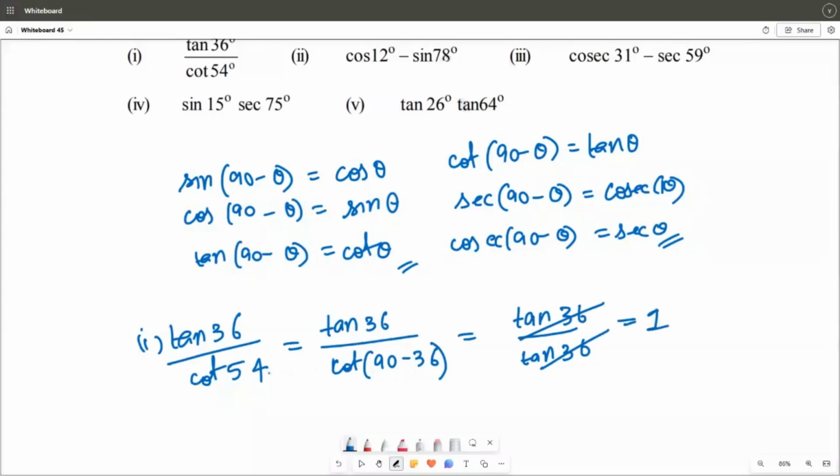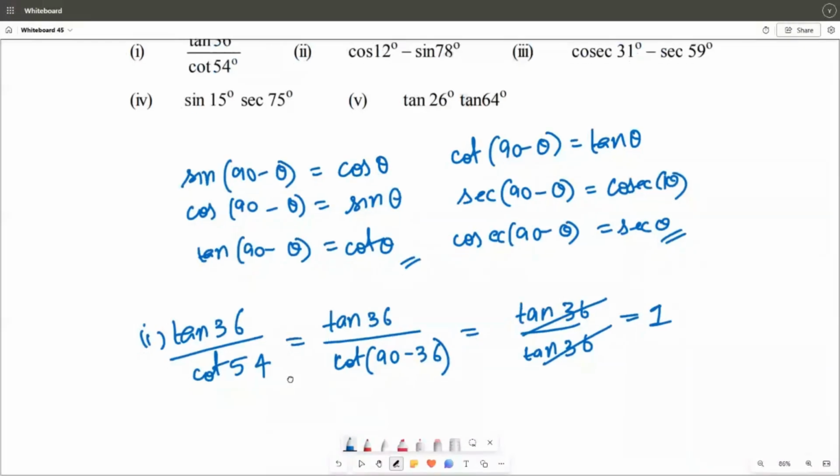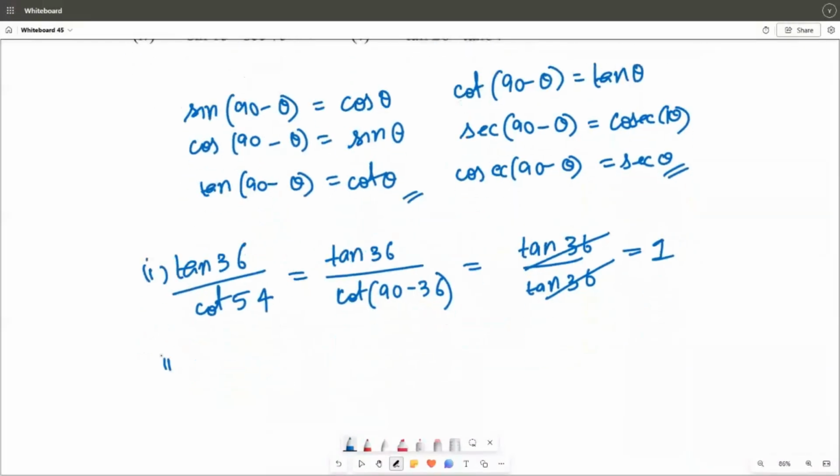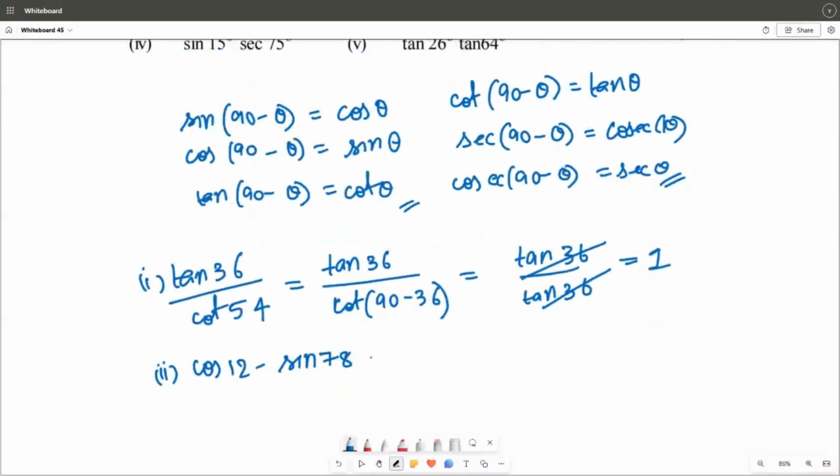Next, second question, we have cos 12 minus sin 78. So let's write it down. Cos 12 minus sin 78. So let's write cos as it is, and sin 78 can be written as sin 90 minus 12.